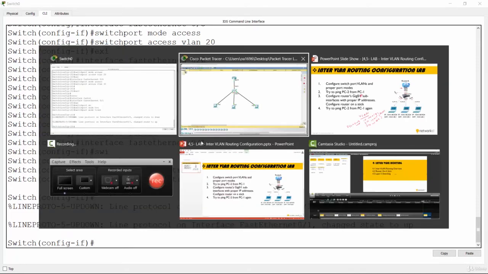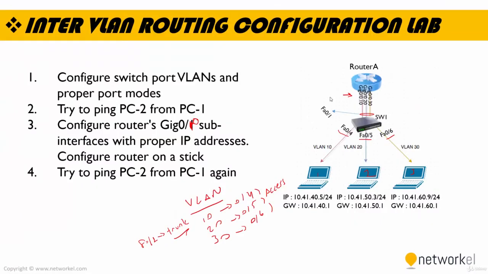Alright, I think we accomplished the first step, but I need to double check it. Configure switch port VLANs and proper port modes. I made 0/1 a trunk and I created these VLANs and attached these ports as access ports to these VLANs.